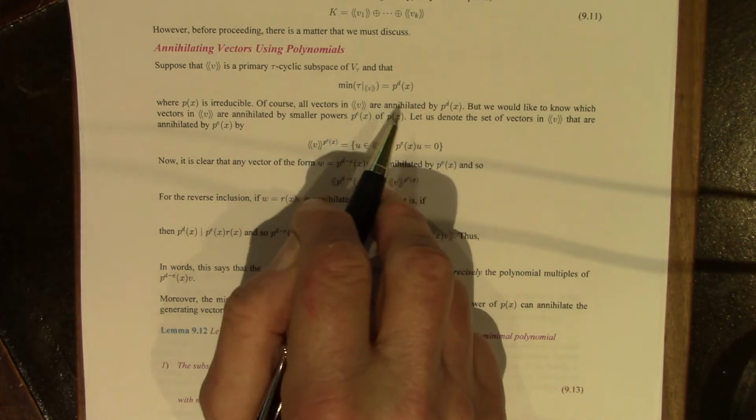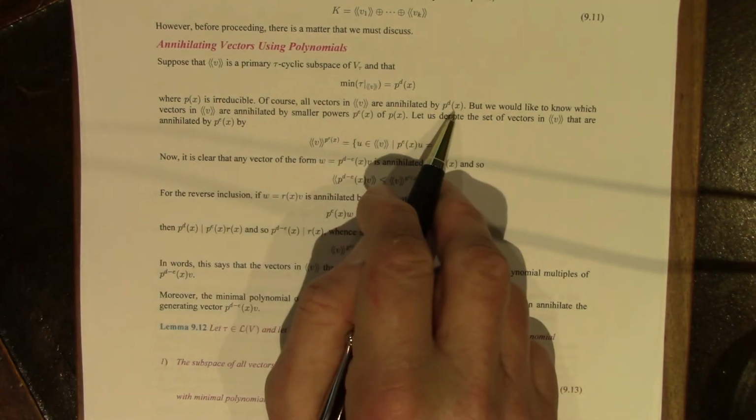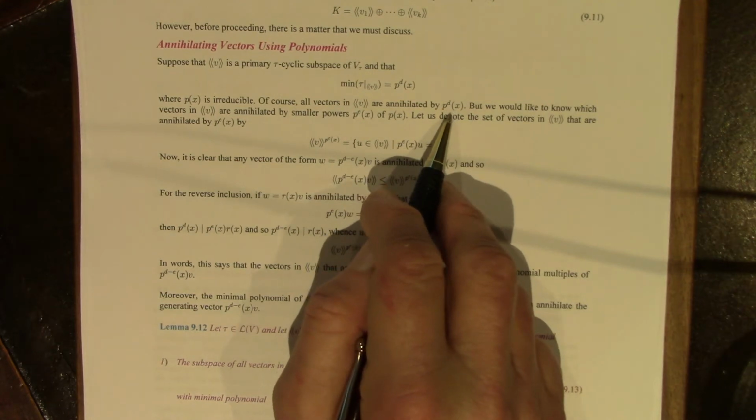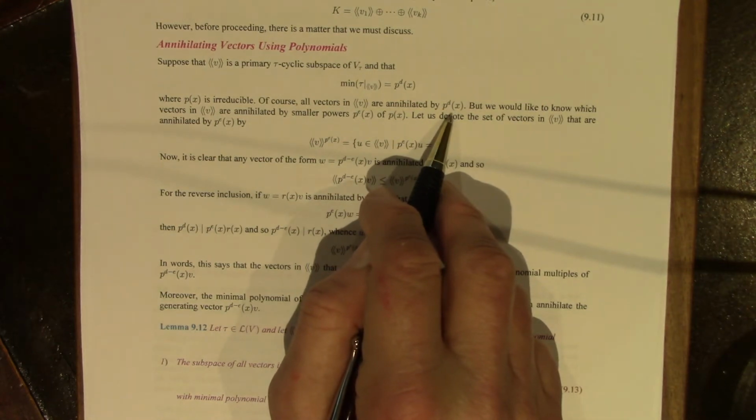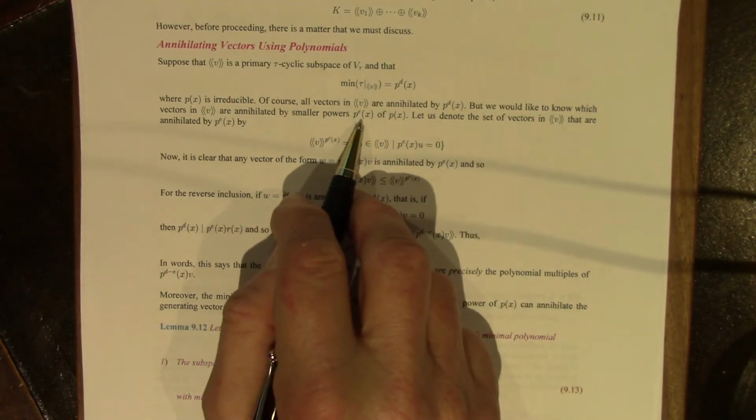We know, of course, that all vectors in this submodule are annihilated by the minimal polynomial. But what we would like to know is which vectors are annihilated by a given smaller power of p of x.